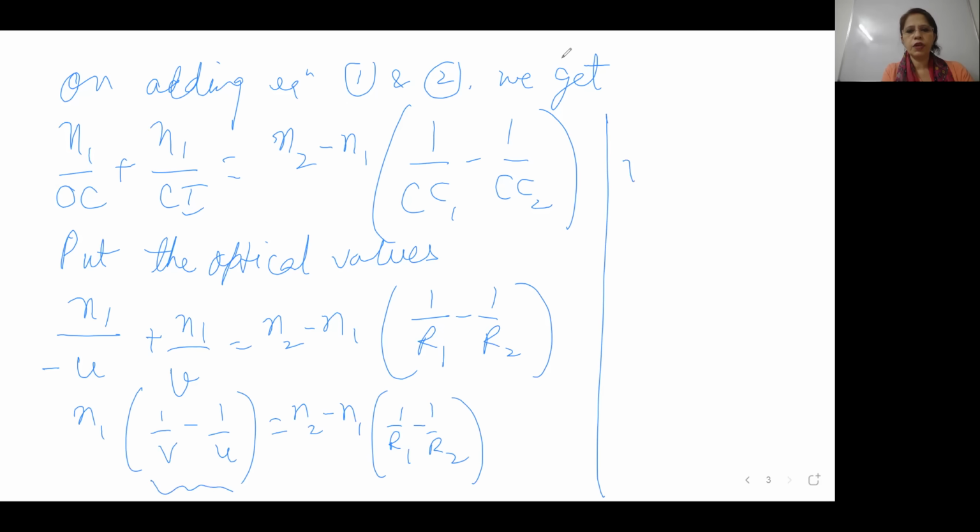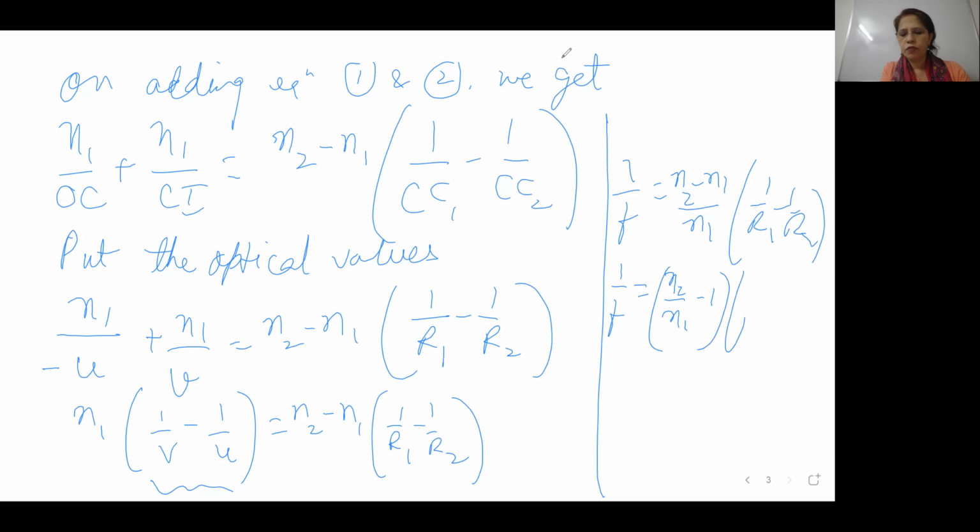Now this can be written as, this is your lens formula. So we get 1 upon F equals N2 minus N1 upon N1, 1 upon R1 minus 1 upon R2. Or 1 upon F equals N2 upon N1 minus 1, 1 upon R1 minus 1 upon R2.